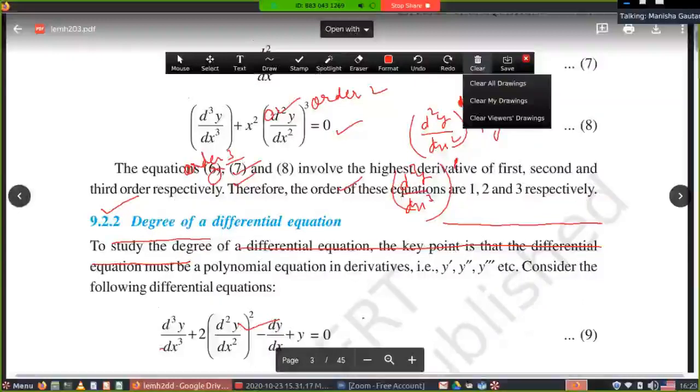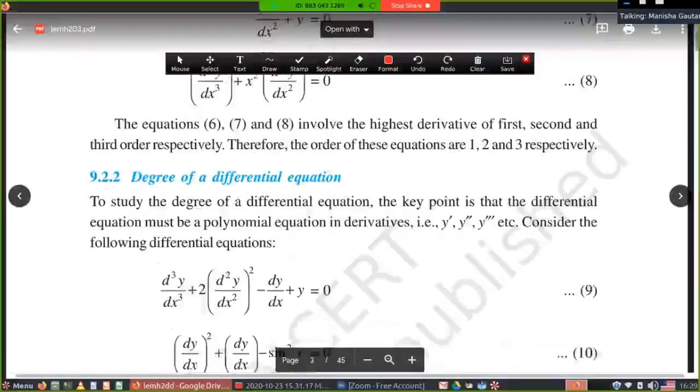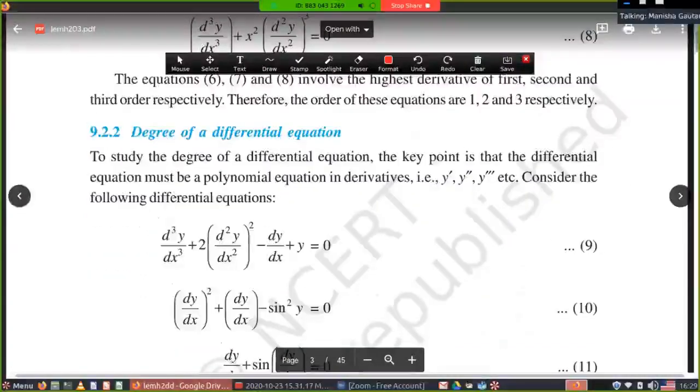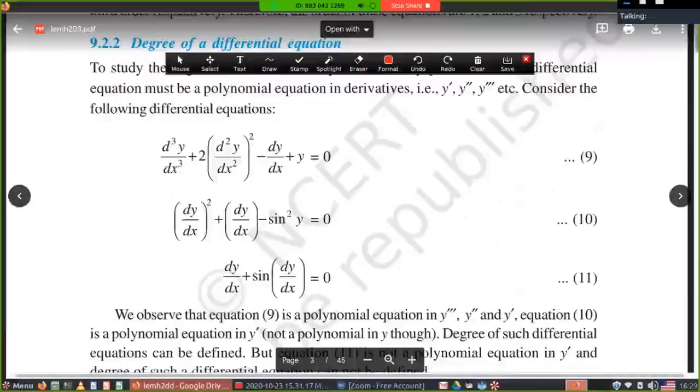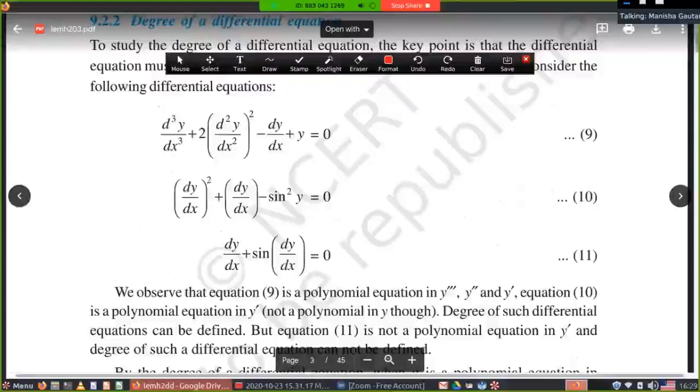Now here few examples are given. In the 9th, 10th and 11th, we observe that equation 9 is a polynomial equation. Equation 10 is a polynomial equation. Degree of such differential equations can be defined.